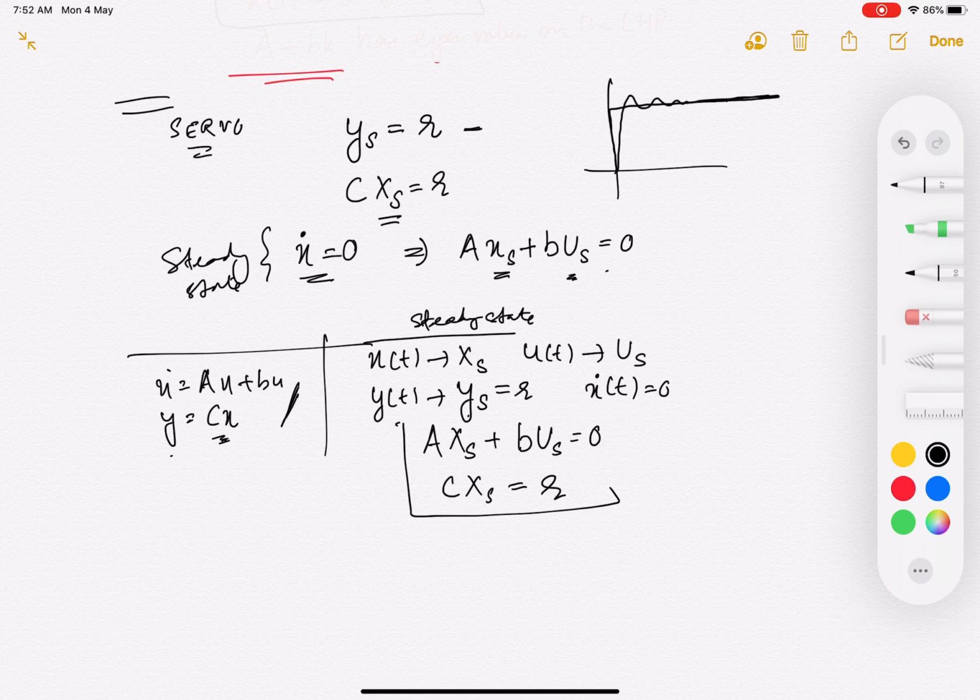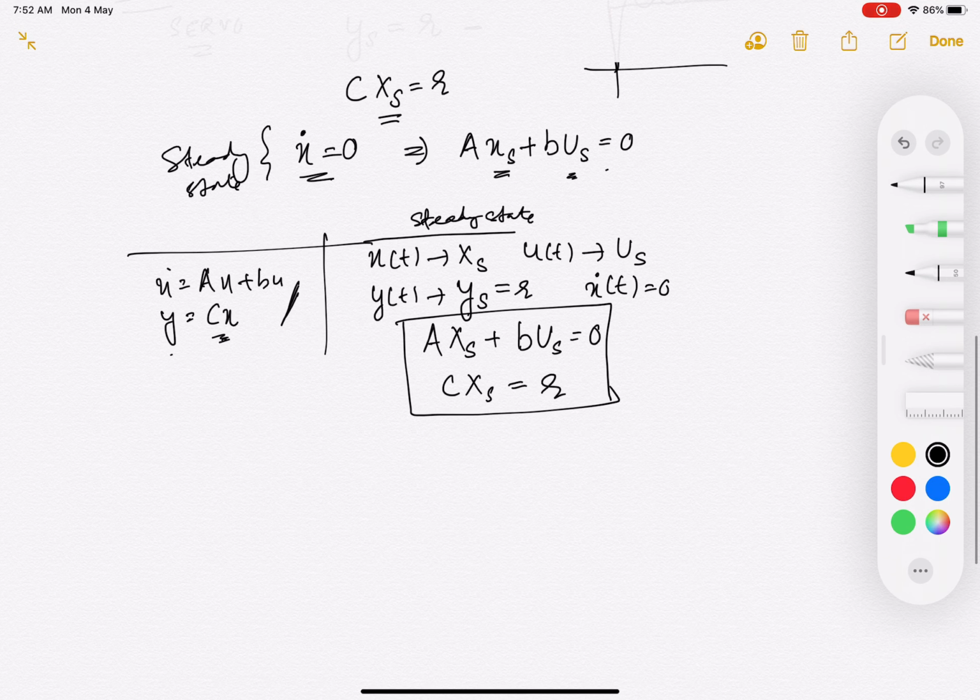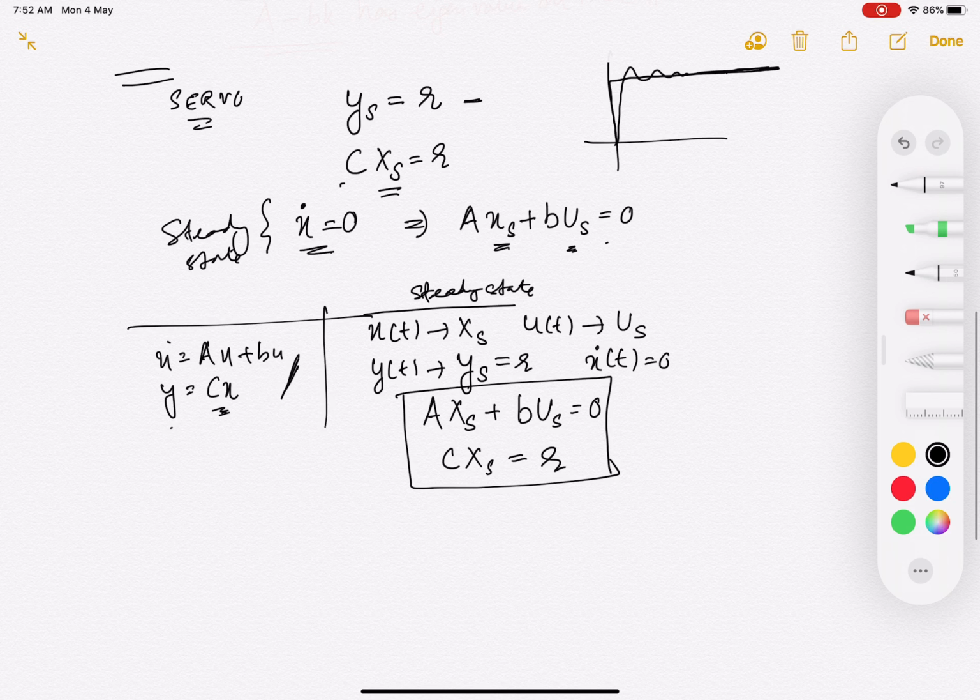So these two equations would help us in trying to find out how to track some reference input at steady state. Instead of all the states becoming 0, how to track some reference input at steady state.